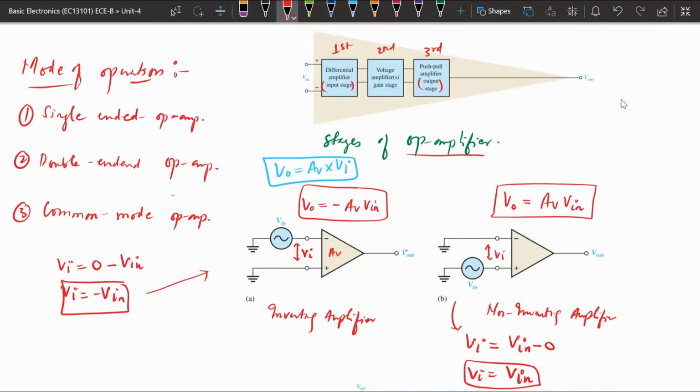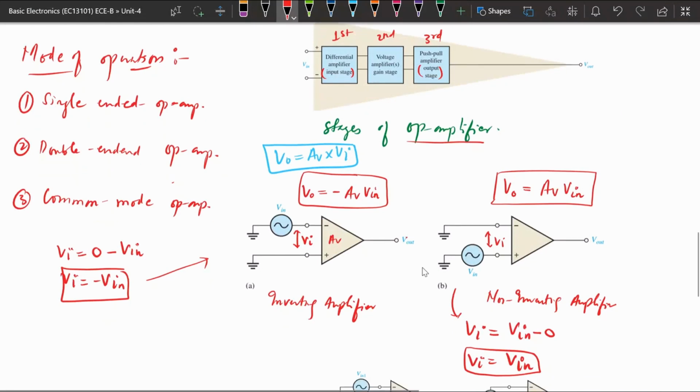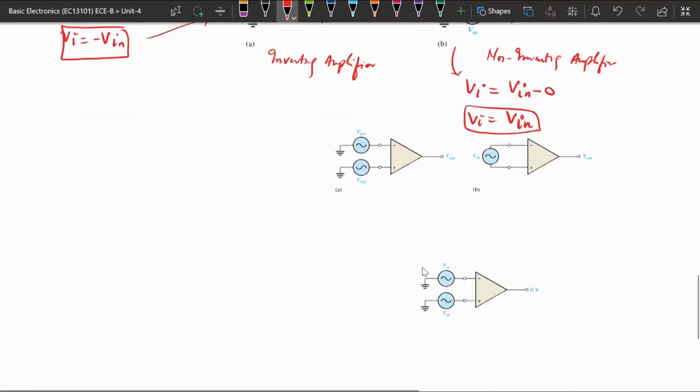So this is the single ended. Okay, so a double ended is there. If we are applying the input at both the terminals, the input voltage will be the difference between these two. This is the equivalent circuit here. This is the positive side, this is the negative side. The difference will be V input 2 minus V input 1.